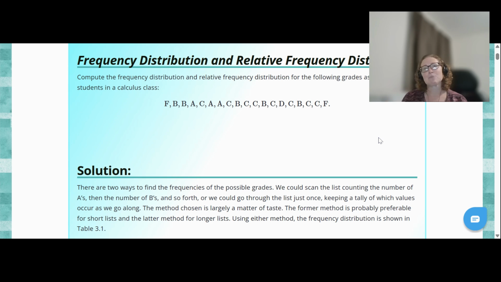Now, sometimes you're going to have a lot of data, and usually you would evaluate that in spreadsheet software like Excel, and it can do a lot of calculations for you.